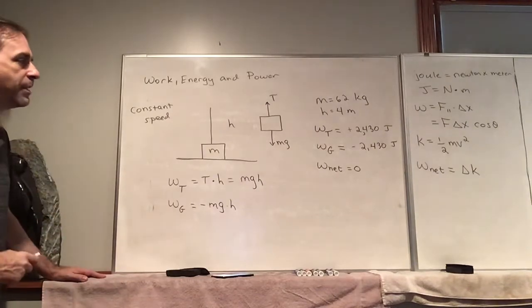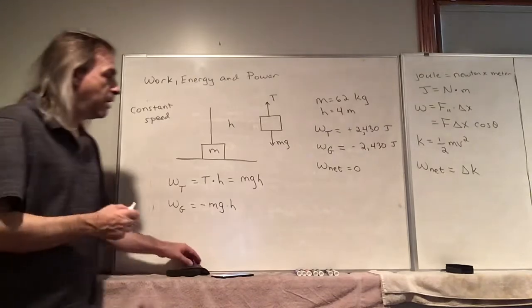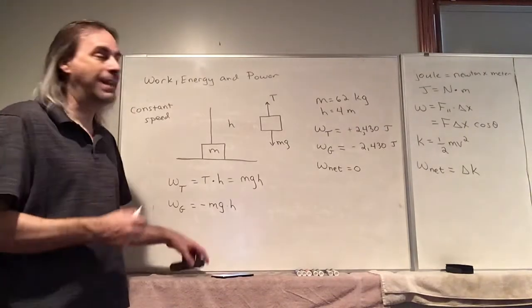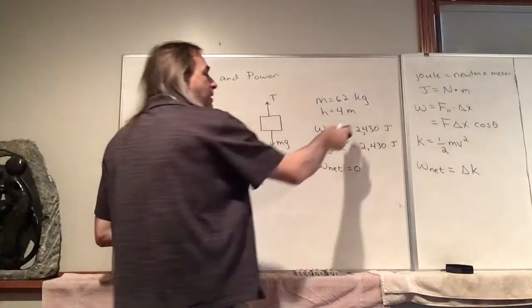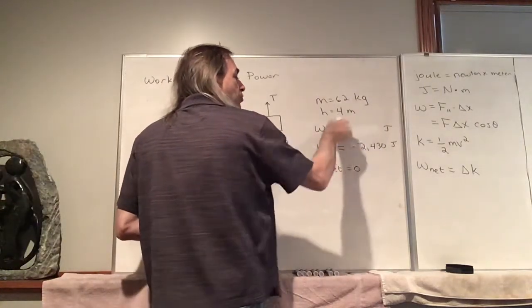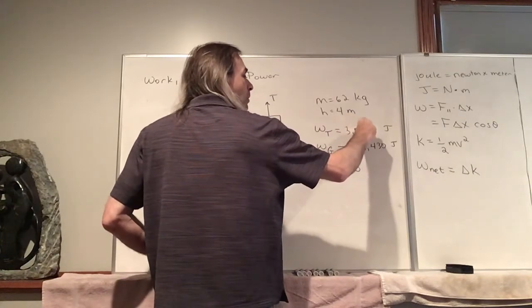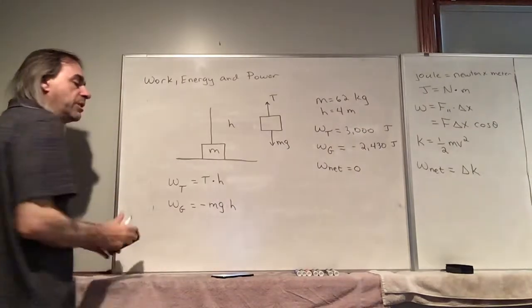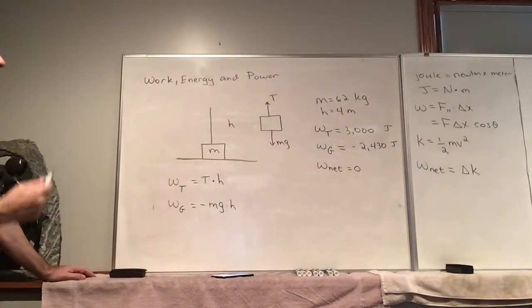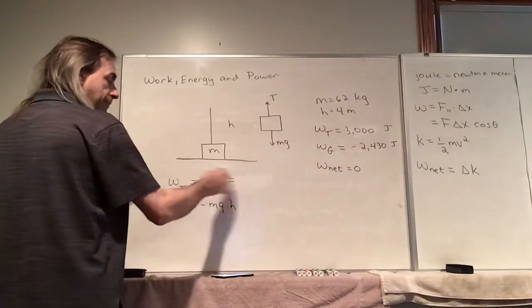we're going to find something new, but let's look at a different example now. Let's say we lift this at a non-constant speed. So in that case, tension is no longer equal to weight.